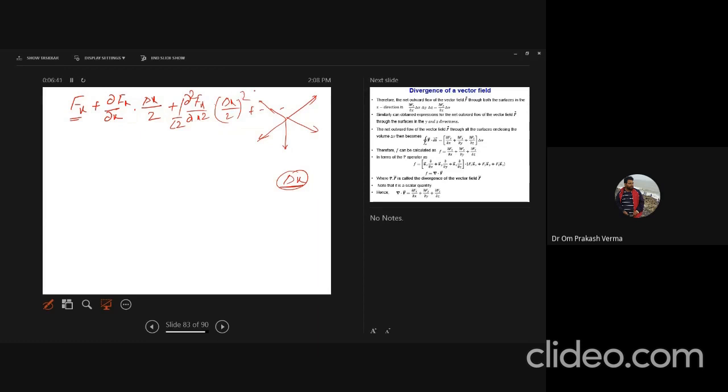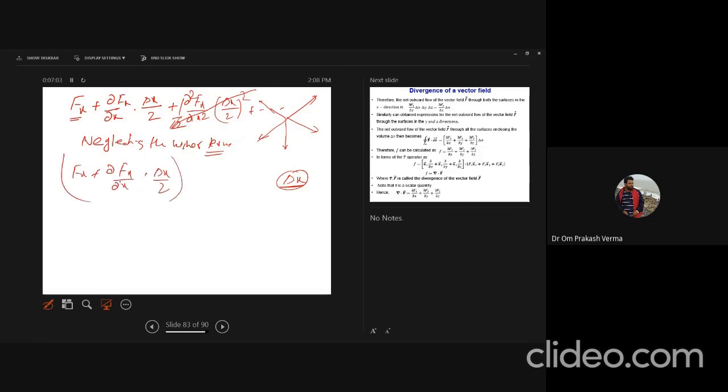And therefore you can neglect the higher derivative terms. So we are neglecting the higher terms, and only writing f(x) plus del f into del x by 2, okay?